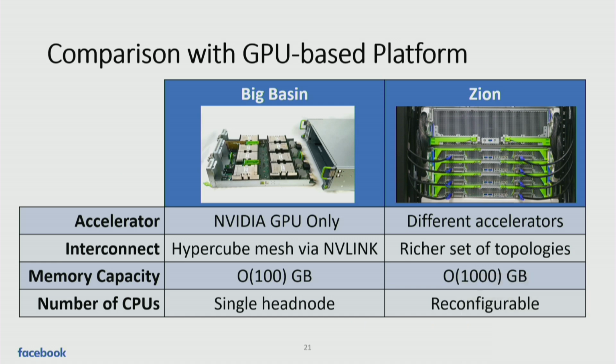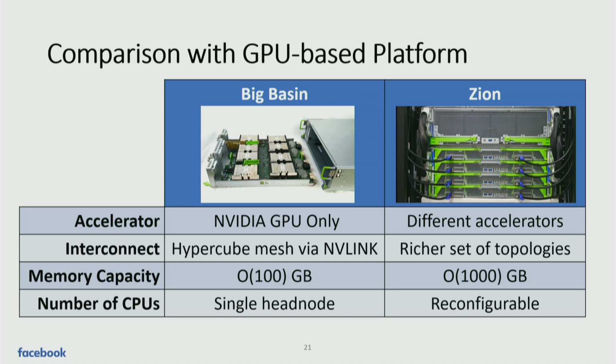Some people might be aware that Facebook actually has a system called Big Basin, which is based on NVIDIA GPUs. It also has 8 GPUs. So people may ask, how is Zion different from Big Basin? Here, I wanted to summarize some of the main differences. First of all, the Zion system has different accelerators, OAM modules, while Big Basin was designed only with a single accelerator.